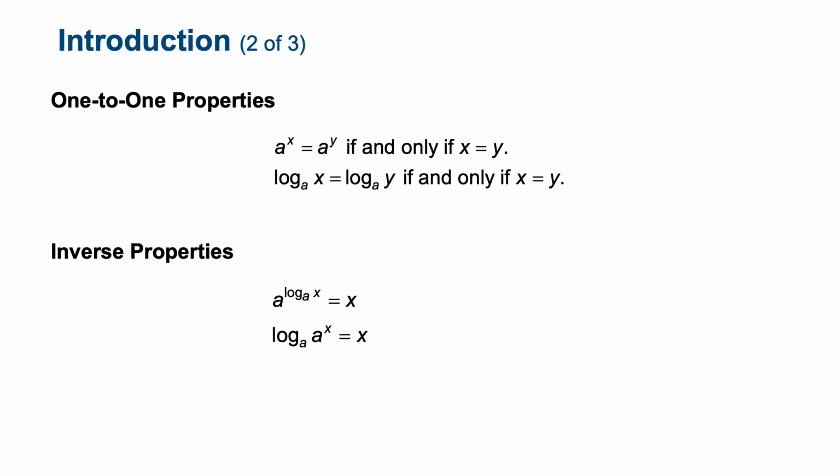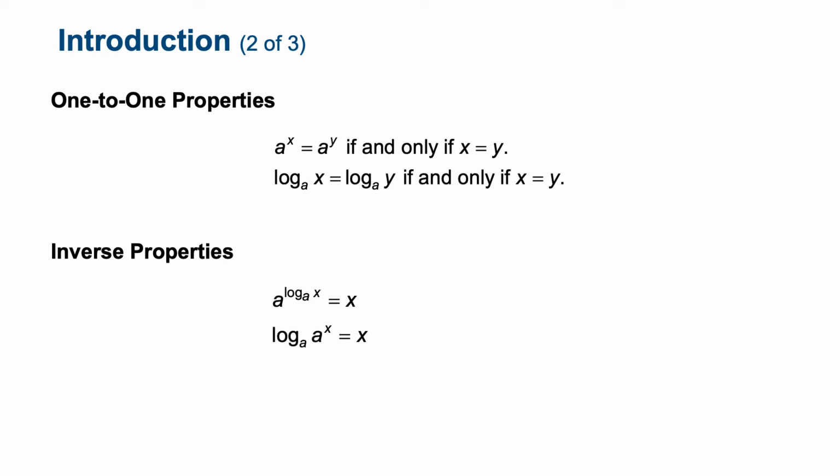Also, if you have two logarithmic functions of the same base that are equal to each other, with no other factors or terms on either side of the equation, you can just drop the logs and compare the arguments. So, if and only if x is equal to y.